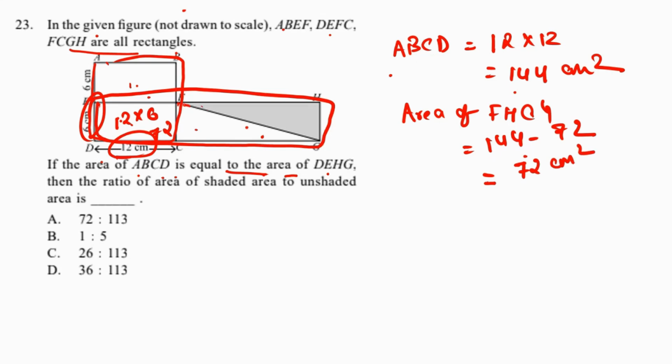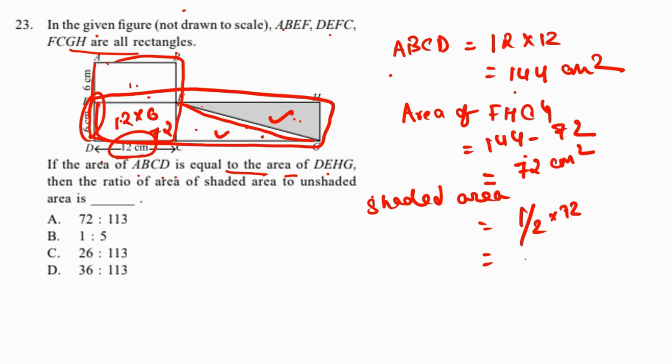Now, as we can see, this rectangle FCHG is divided into two equal right angle triangles. So the shaded area is half of 72, which is 36 centimeters square.